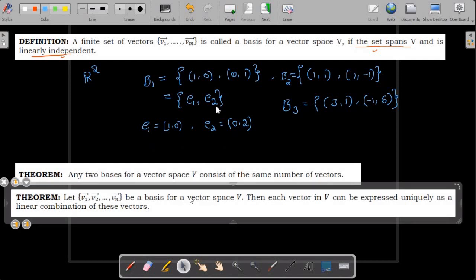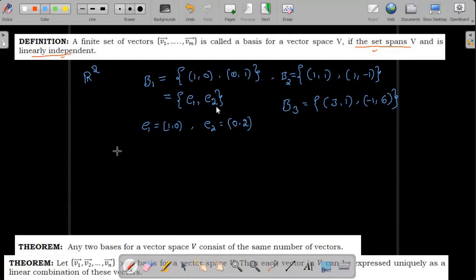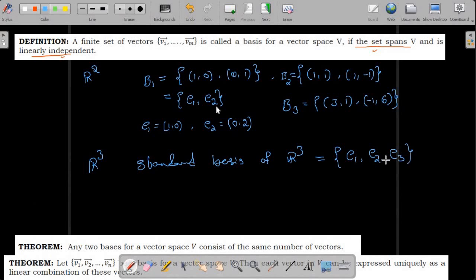Similarly, if you are in R3, let me take the standard basis of R3. Those are nothing but E1, E2, E3. Remember one thing, this is a subset of R3. So when you say it is a subset of R3, each element is coming from R3 only.